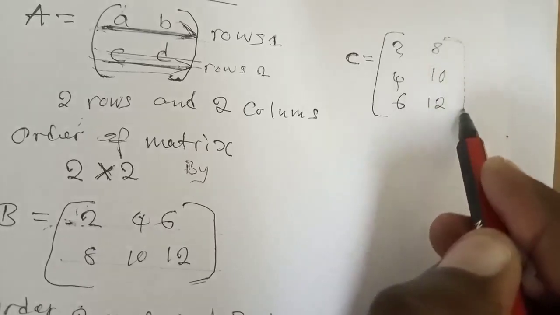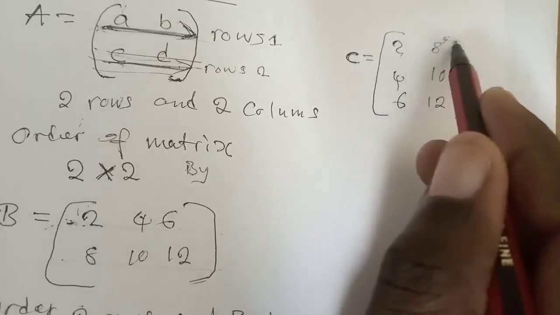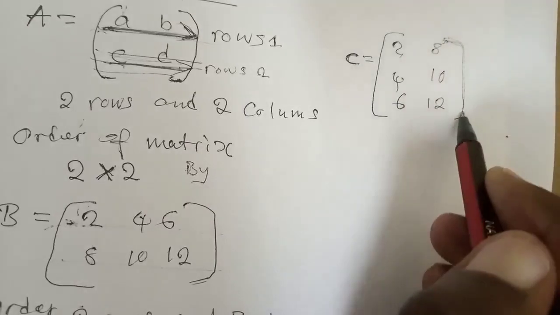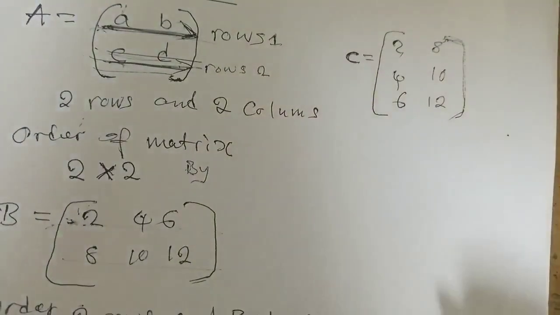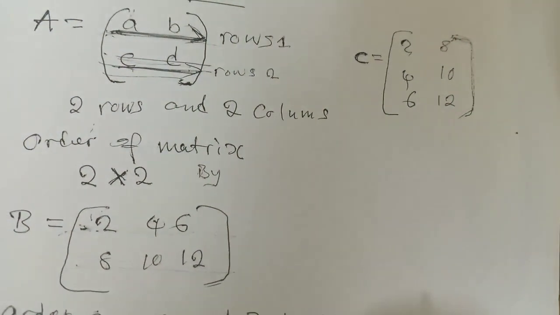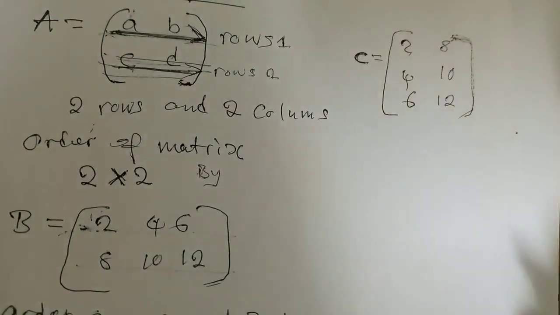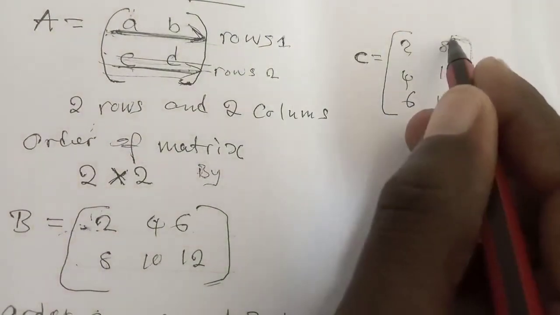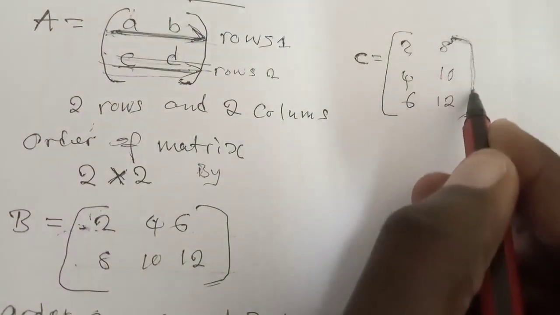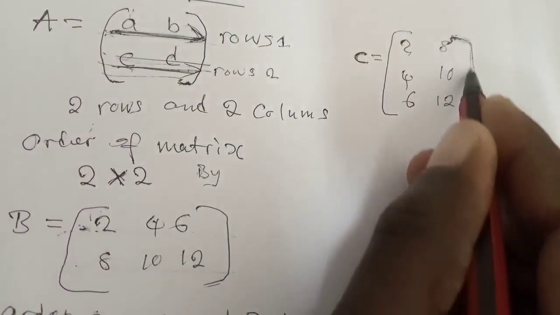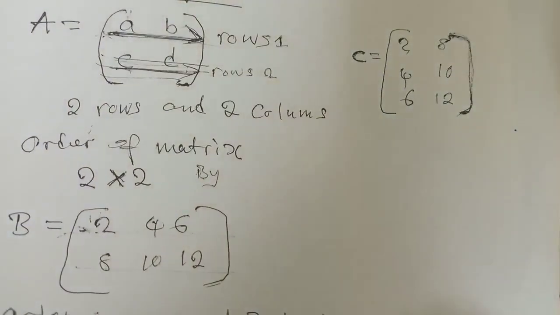You will find this matrix in your exam. They are coming this year. For those writing their GCEs, their final exams for the first time, these ones are coming. So you need to know the concept.